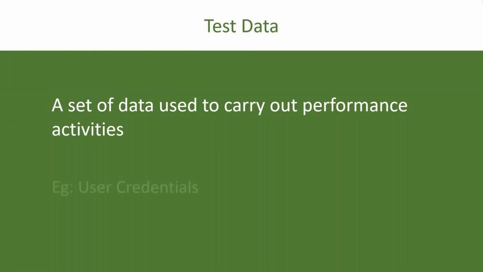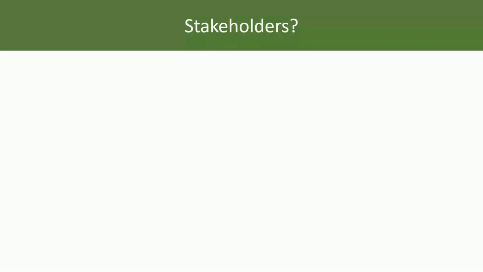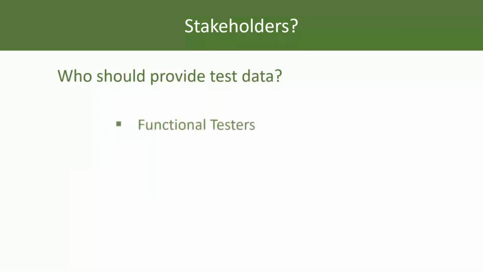So for example, user credentials, fine. Who all are the stakeholders? So who should provide the test data? Could be functional testers, could be developers, and maybe if both are not there, it is the performance testers.